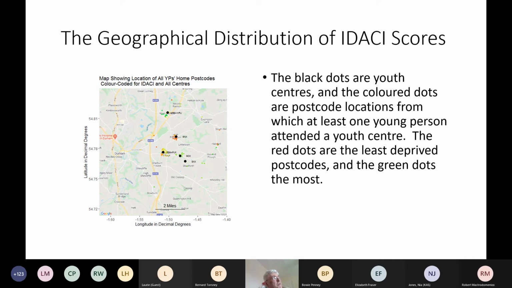Basically, you could have a spectrum going from red to violet, and you could link that directly to the IDACI level. So the green dots are roughly a third of the way across the spectrum. If we had areas that were more deprived, you might well have blue or purple dots, but we don't have them here.